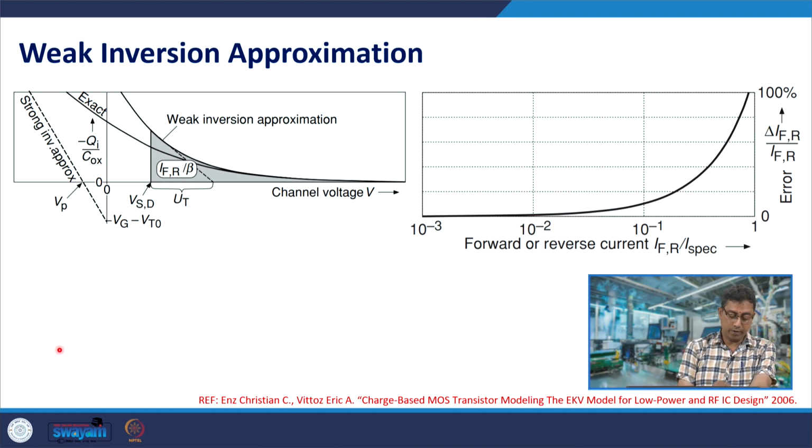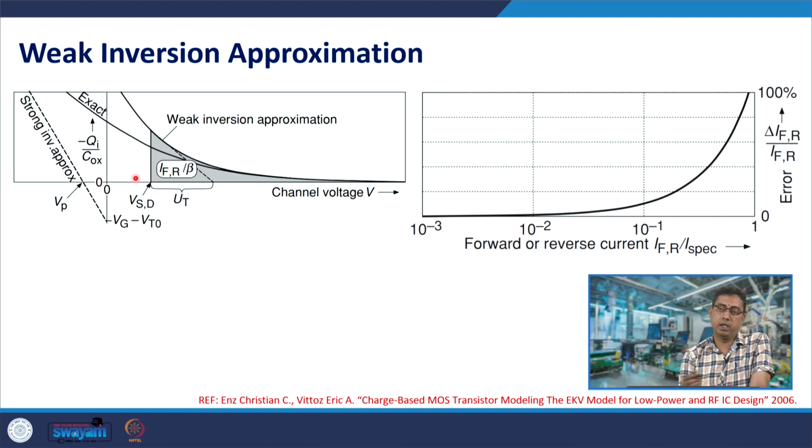Using strong inversion approximation, the value of inversion charge would be 0 at Vp, and using weak inversion approximation, the value of inversion charge would increase exponentially and it would be quite large for small values of local channel potential.